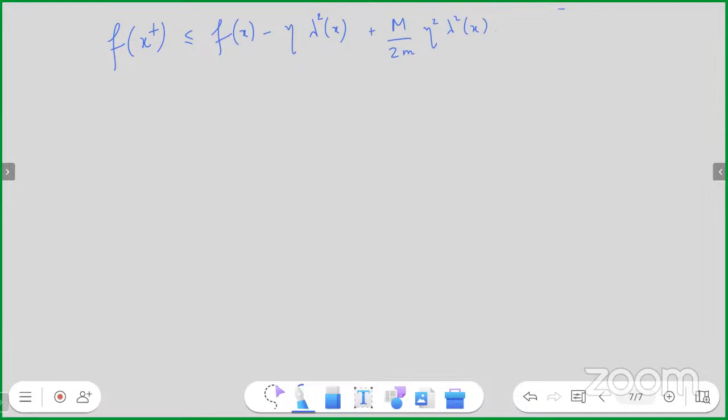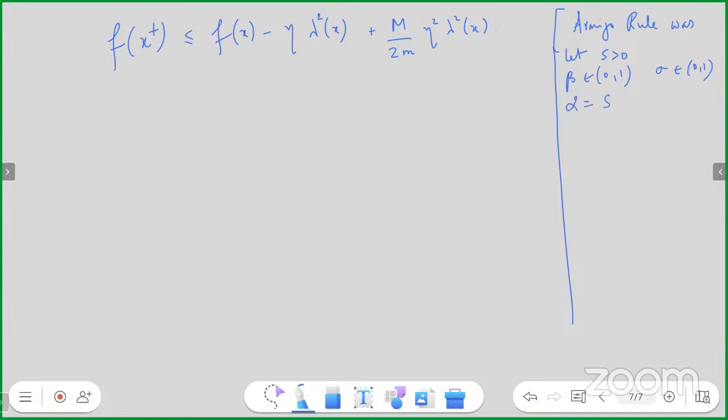So now, anybody remember what the Armijo rule was? Don't forget it that easily. It's a very important thing. Let x be greater than 0, beta belongs to (0, 1), sigma belongs to (0, 1).